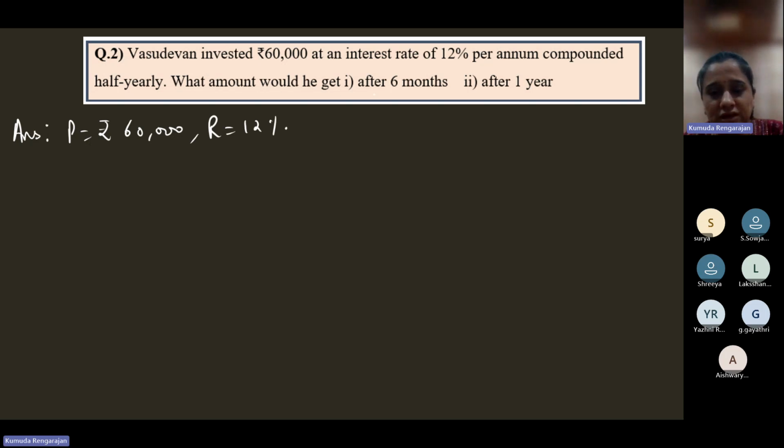And time, in the first case, this is for the first one. Because it's compound interest, let me take n. N is equal to 6 months. But we know that we should not substitute time in months or days or weeks. It has to be substituted in years. So this is 6 by 12 or half a year.